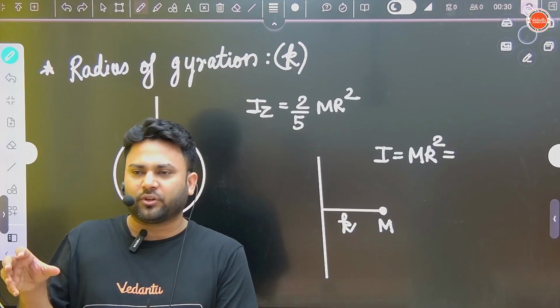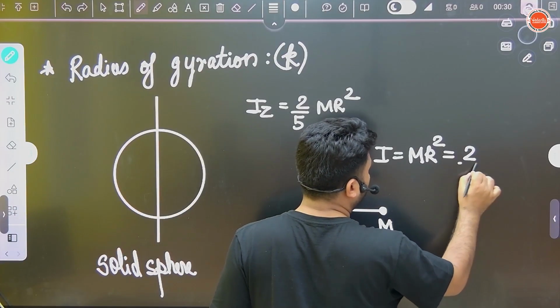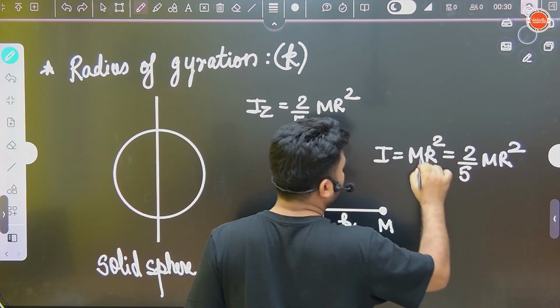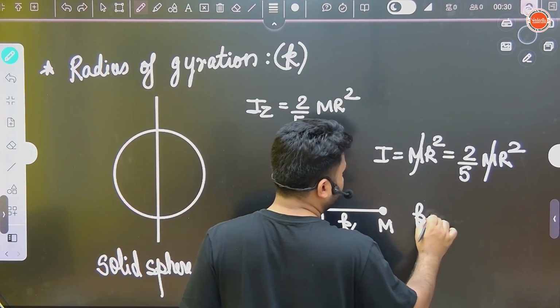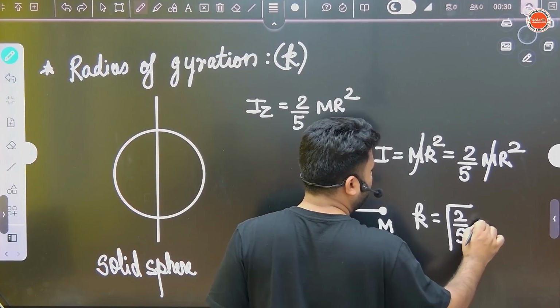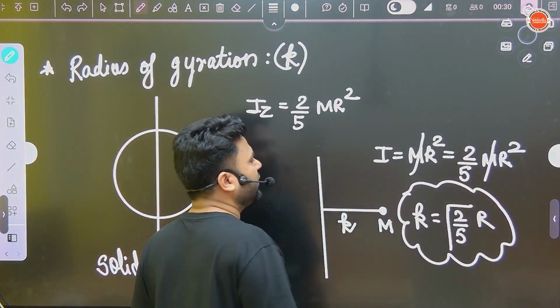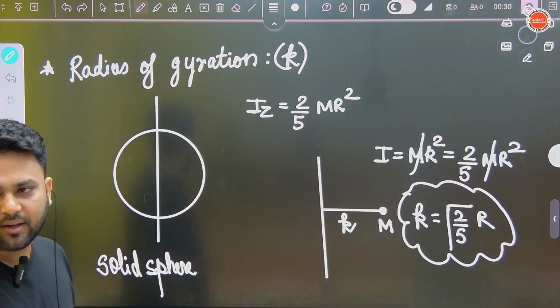So mk square equals 2 by 5 mr square. So m cancels, and k value will come as root 2 by 5 r. So this is the radius of gyration of a solid sphere, root 2 by 5 r.